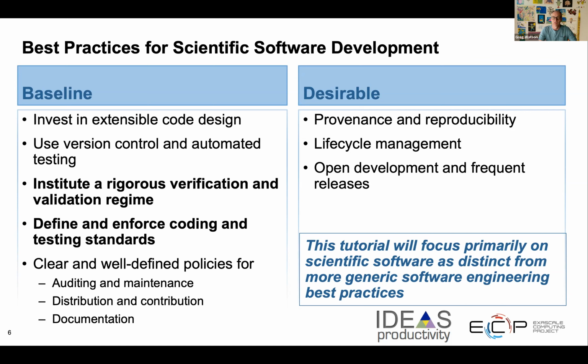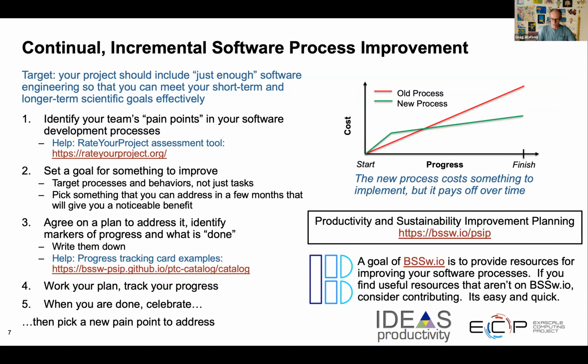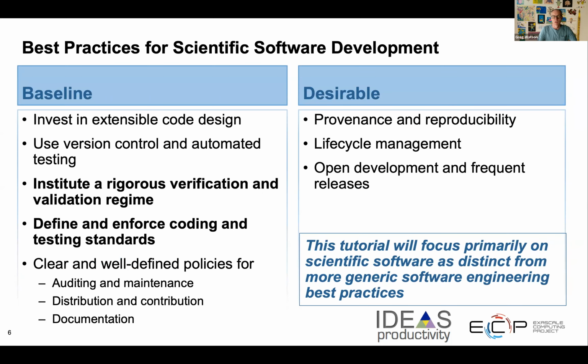So getting that implemented at the get-go is definitely beneficial. As is defining coding standards and testing standards and making sure they're done right at the beginning of the project rather than on an ad hoc basis later on.